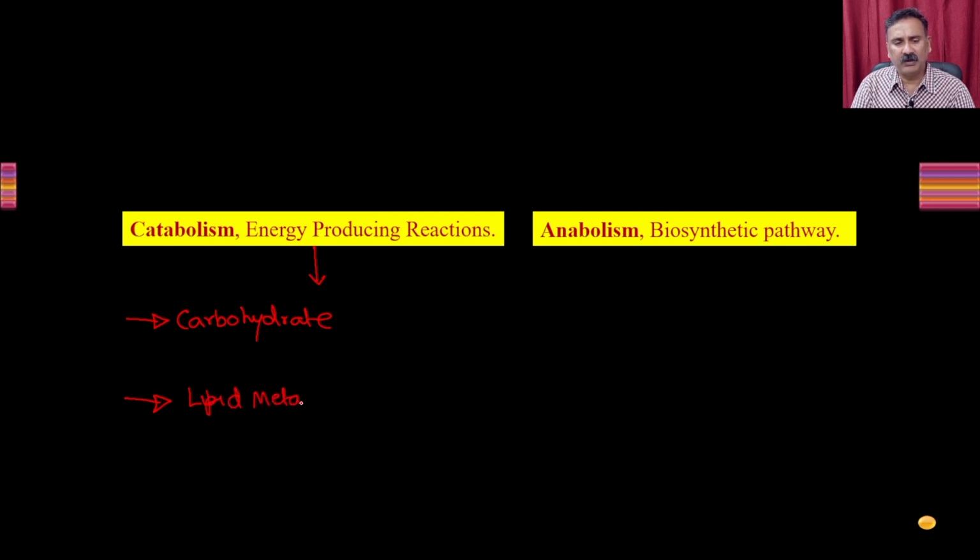Both of these metabolisms are interrelated, so that carbohydrate metabolism cross-talks to lipid metabolism and vice versa. Both pathways produce a large quantity of energy, and this energy can be used for many applications, such as the growth of the organisms.